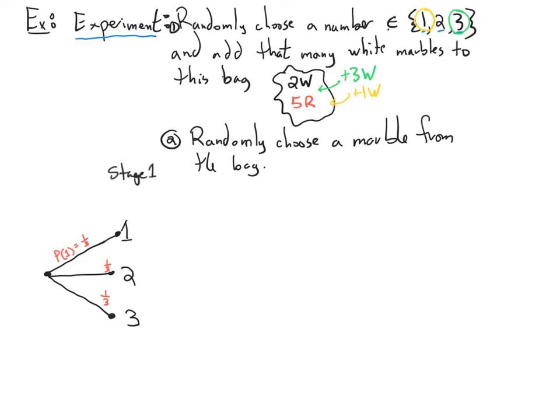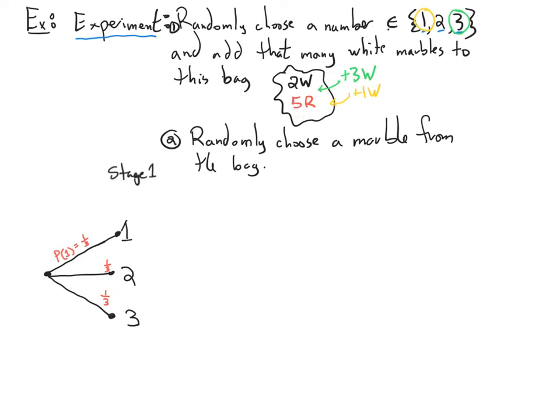In this case, that's the yellow that we wrote down here. There are 1 plus 2 white, which is 3 white marbles, and the number of red stays the same. There's 5. So the total number of marbles here is 8. 3 of them are white, and 5 of them are red.